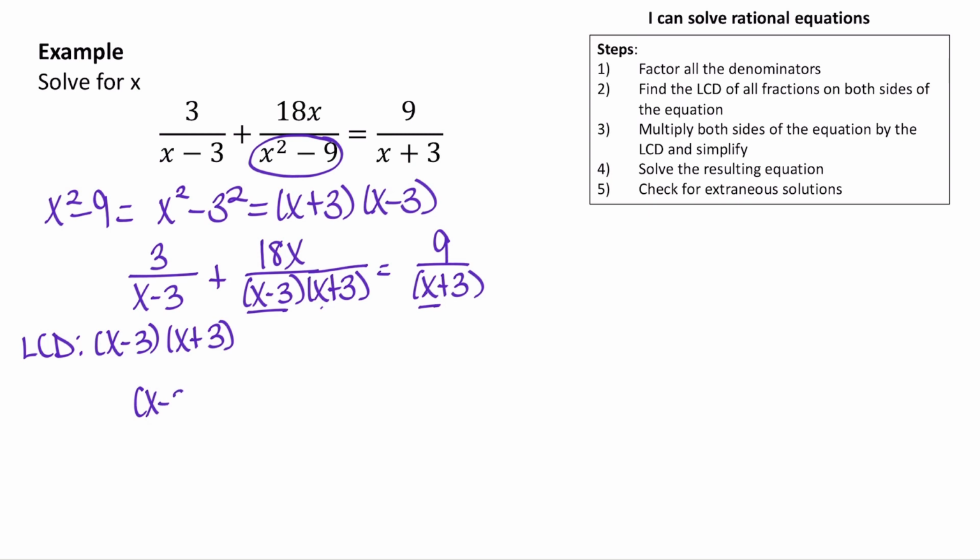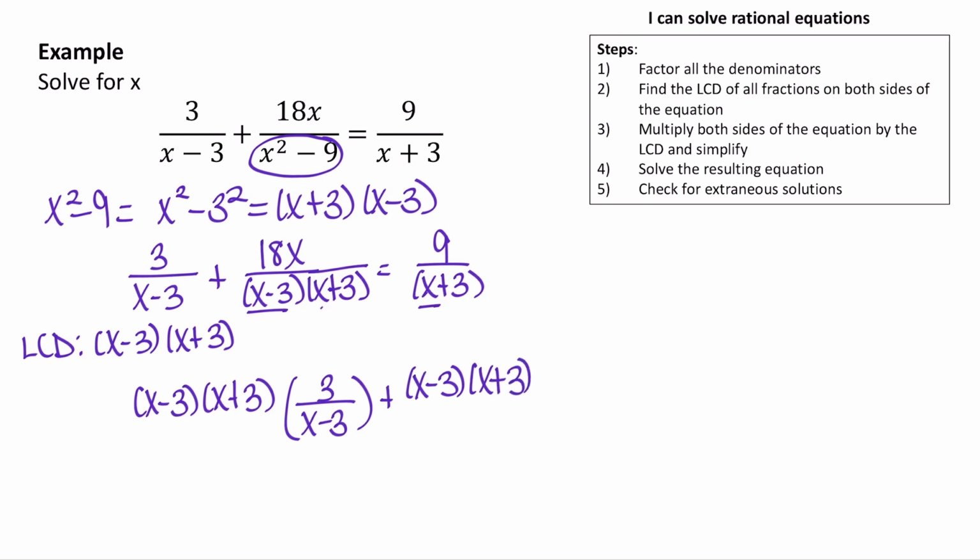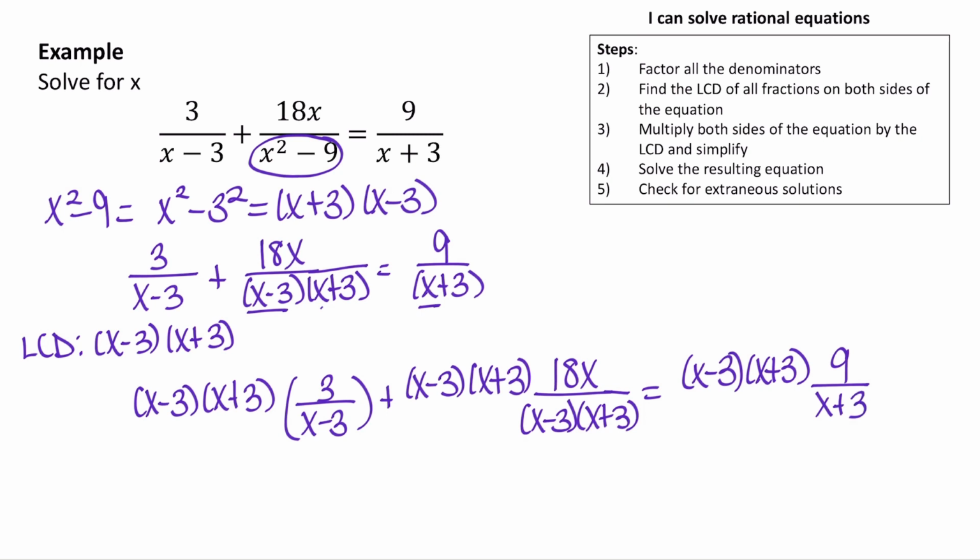So I have x minus 3 times x plus 3 times 3 over x minus 3 plus x minus 3 times x plus 3 times 18x over x minus 3 times x plus 3. And then that equals x minus 3 times x plus 3 times 9 over x plus 3.